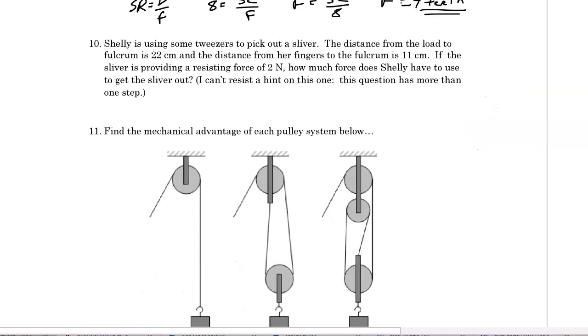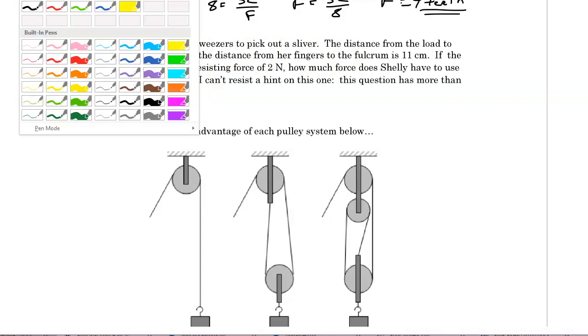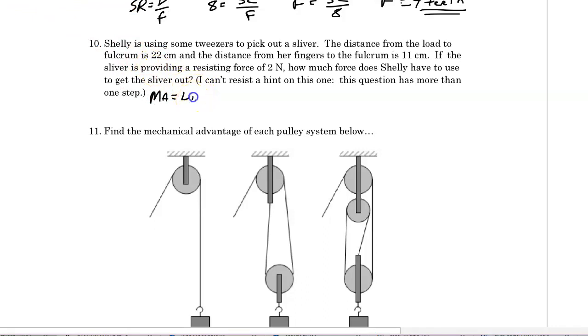Number 10 here is a two-step problem. Step 1 is to find the mechanical advantage. We're going to use the given lengths. That's going to be the length on the input, or effort, divided by the length on the output, or force, which means the mechanical advantage is 11 over 22, or 0.5.